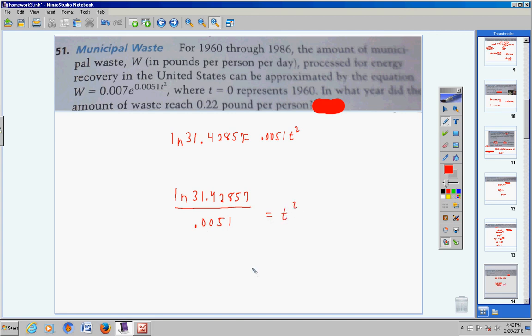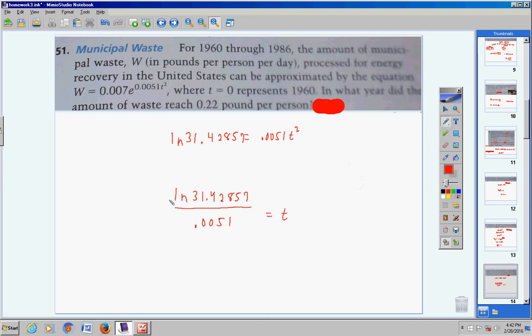I divided both sides by 0.0051. Now I have a t squared, so I must take the square root of one side, and if I do, I must take the square root of the other side. If I take the square root of the left side, I'm left with just t.